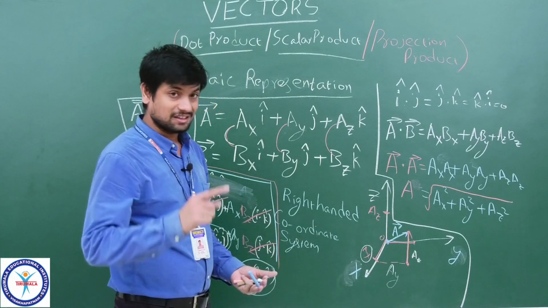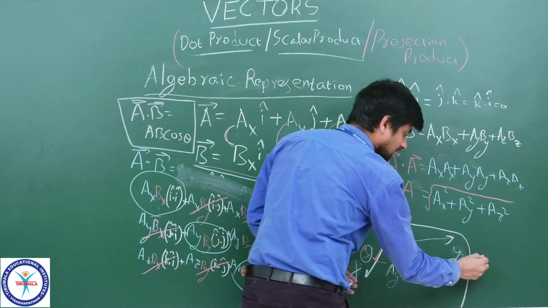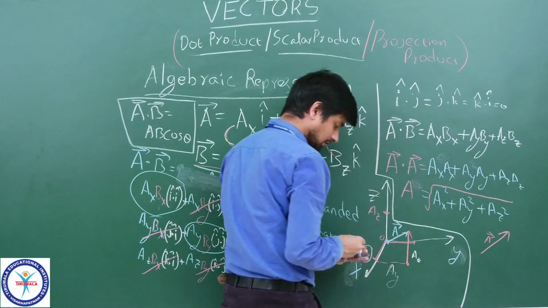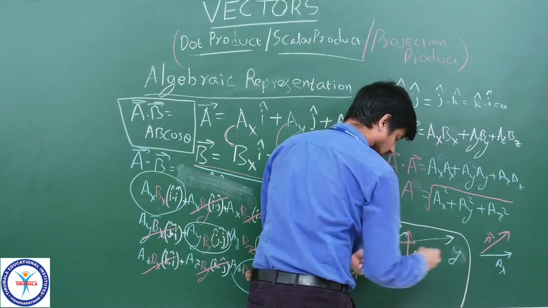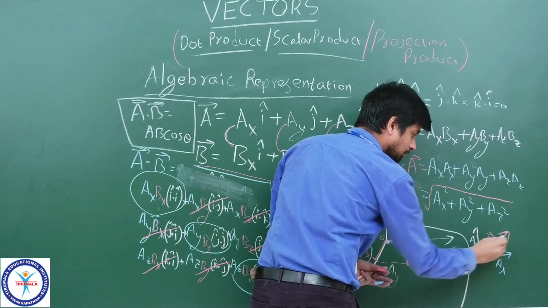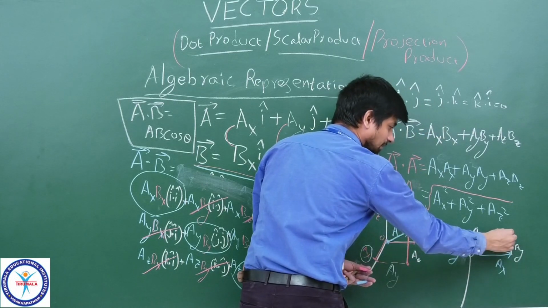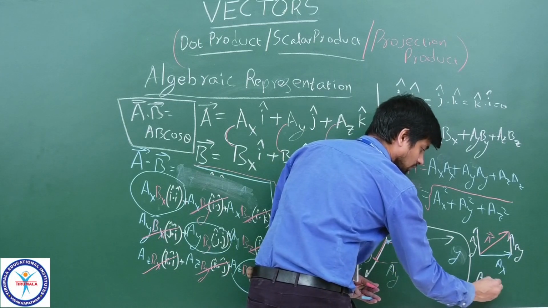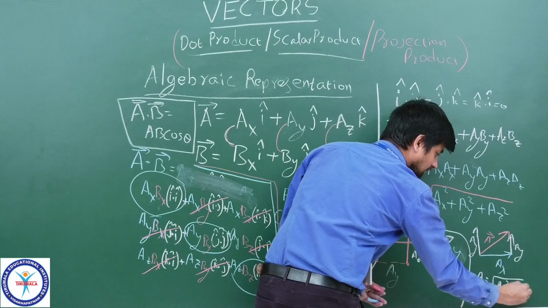So in the previous session I said, if you take one vector A in this way, this is Ax, and this is Ay. If you want to know the magnitude of this red color vector A, what should we do? A equal to Ax square plus Ay square.